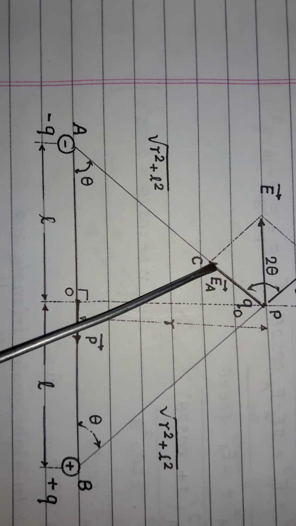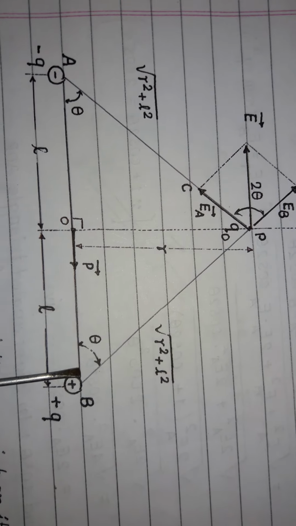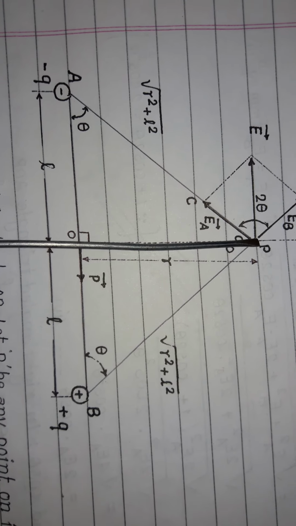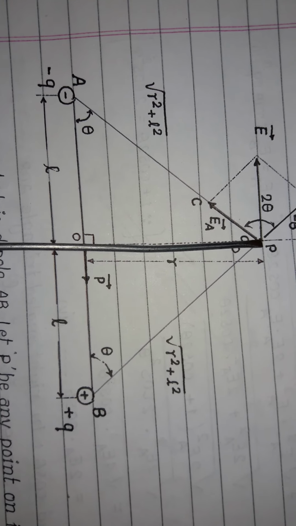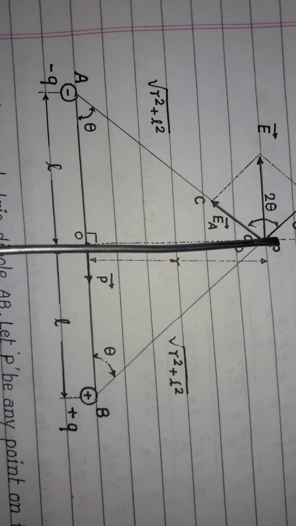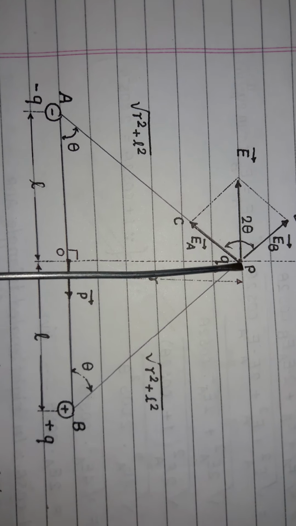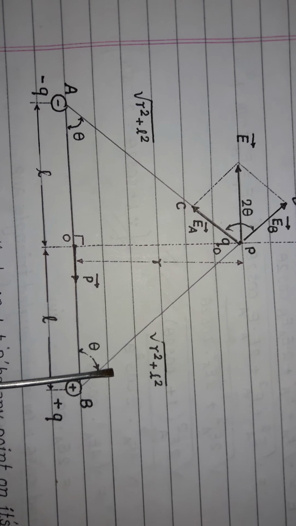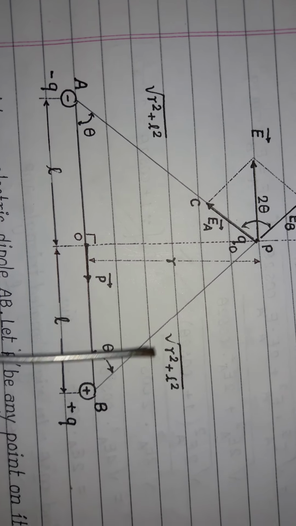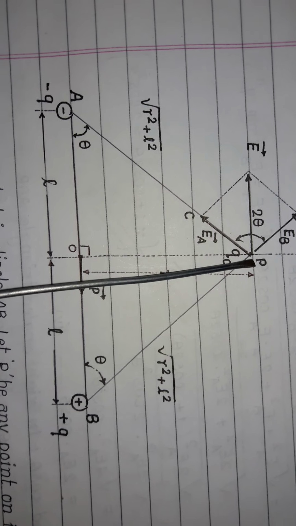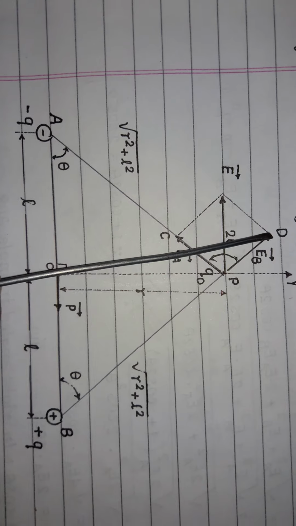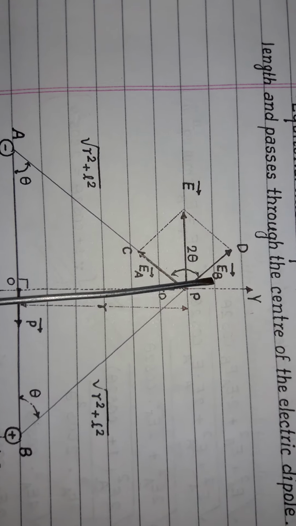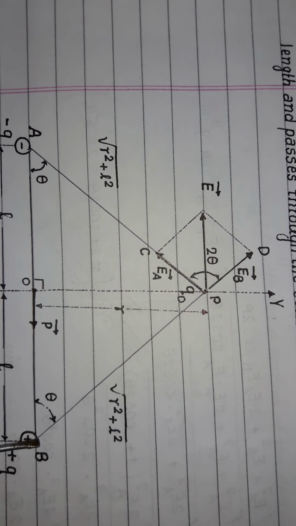Similarly, due to charge plus q at B, since it is positive, and the test charge placed at point P is positive, this charge will repel the test charge in the direction EB, because we have seen that the Coulomb force is a central force and acts along the line joining the two charges. So it will act along PD, that is EB, which is the direction of electric field intensity at point P due to charge B.